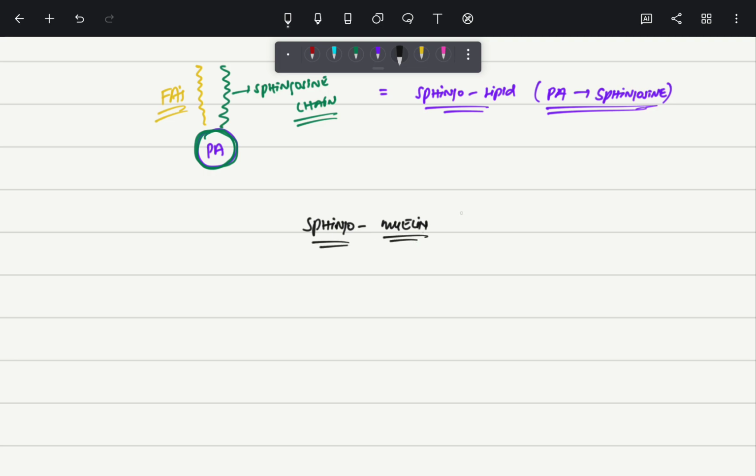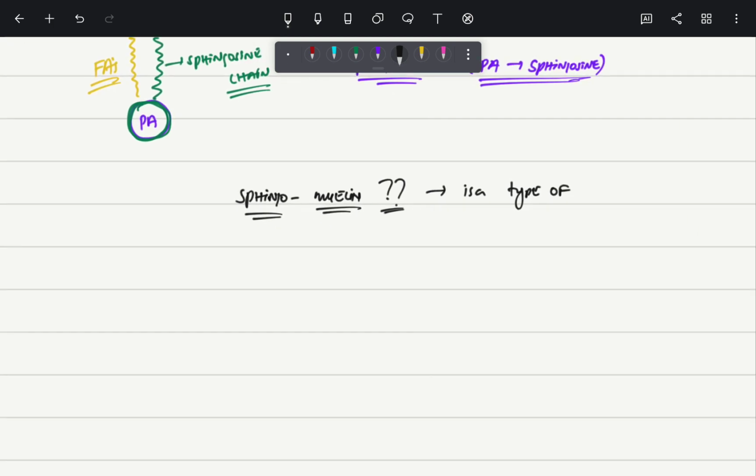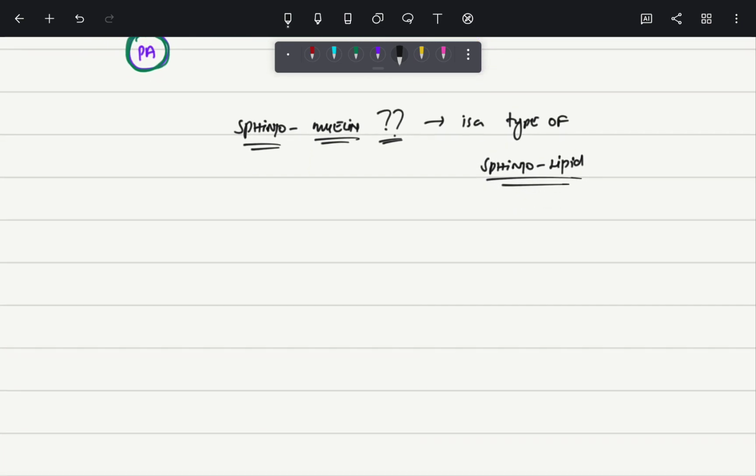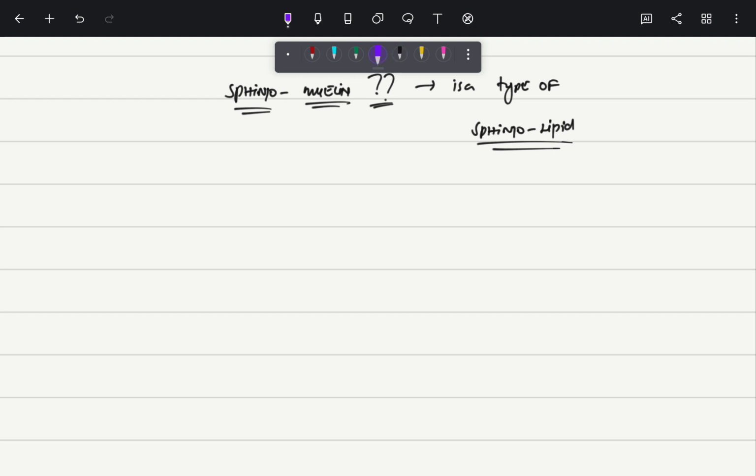And what is meant by sphingomyelin? Sphingomyelin is a type of sphingolipid. So I'm going to draw the structure of the sphingolipid, but here the structure is a little bit different, so please concentrate here, or else you will not understand anything. As I already told you, we have the phosphoric acid, but in sphingolipid the phosphoric acid was getting esterified, due to which there is formation of sphingosine.